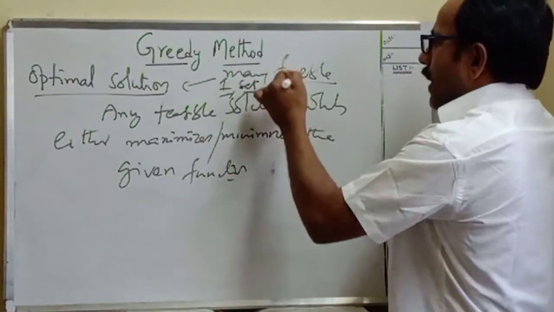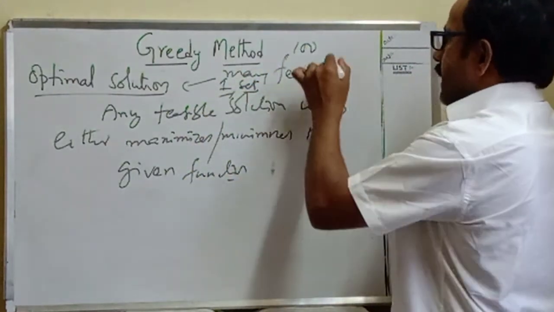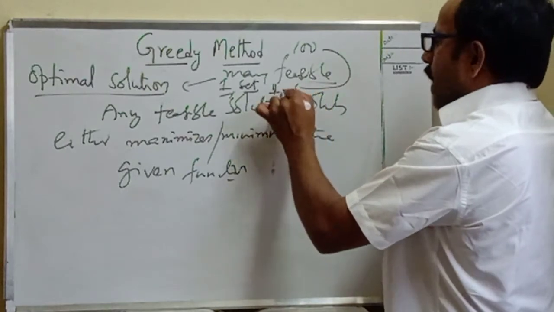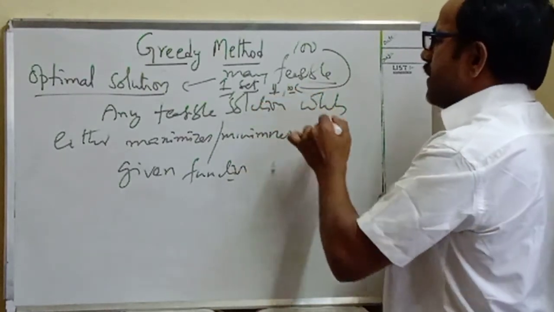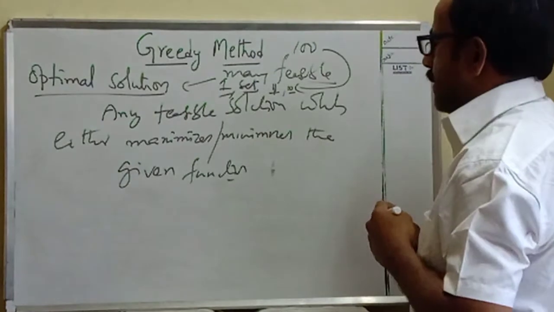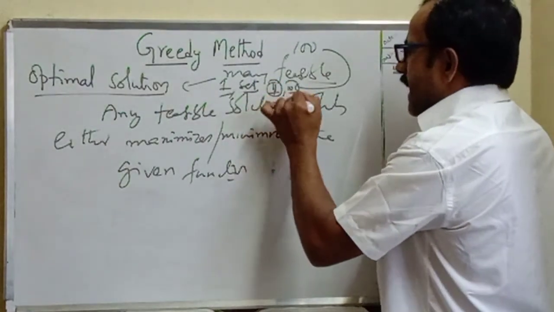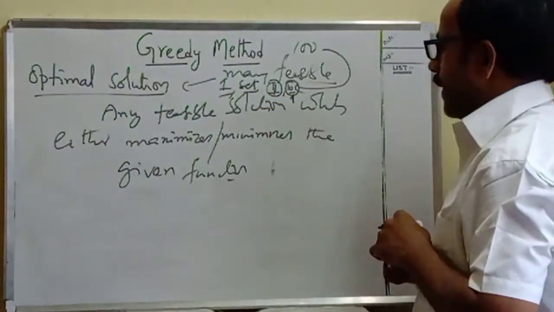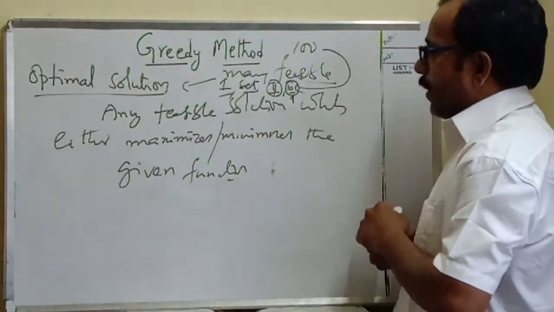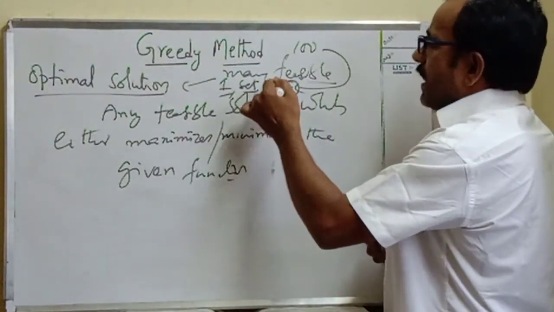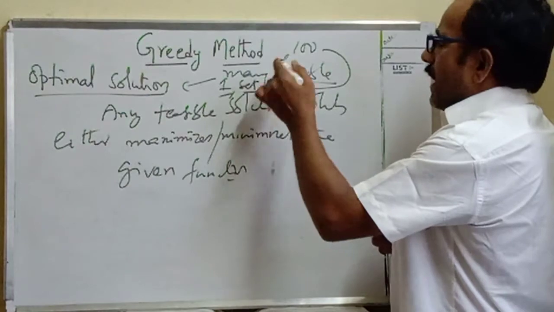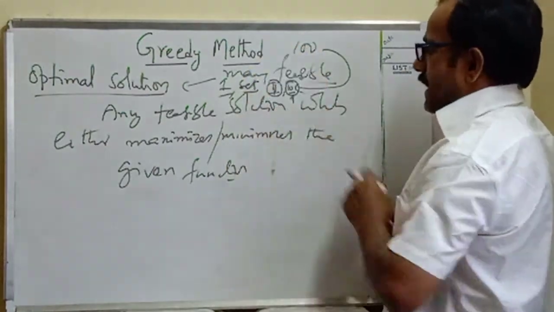Suppose 100 feasible solutions are there, then out of 100, either one or some 10 solutions may be leading to the optimal solution, but these 10 solutions may have equal value. So in distance related problems, more than one path may have the same least distance.